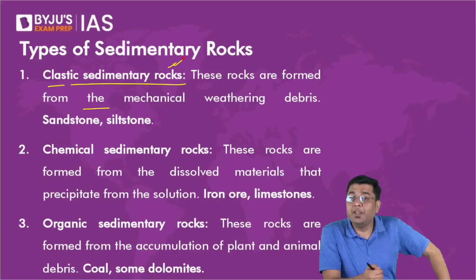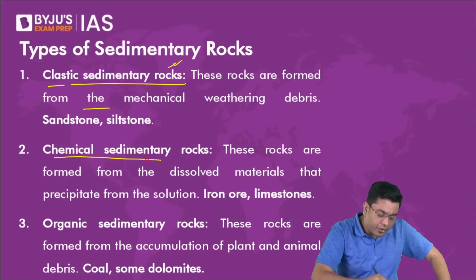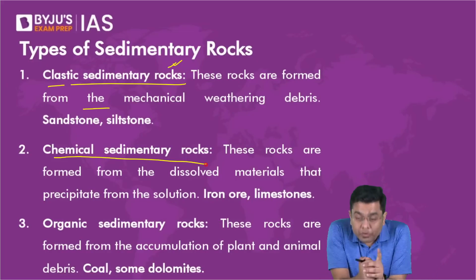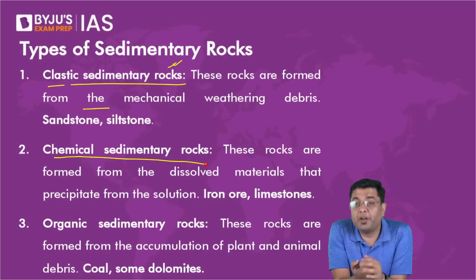Now, then you have chemical sedimentary rock. What are chemical sedimentary rocks? So those sedimentary rocks which have been created due to any kind of chemical reaction taking place. So here, let me tell you about the formation of iron ore deposits that you find on the surface.